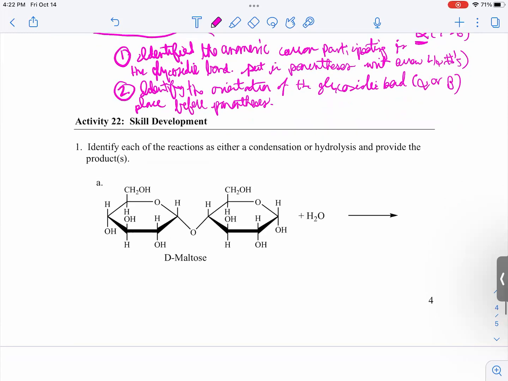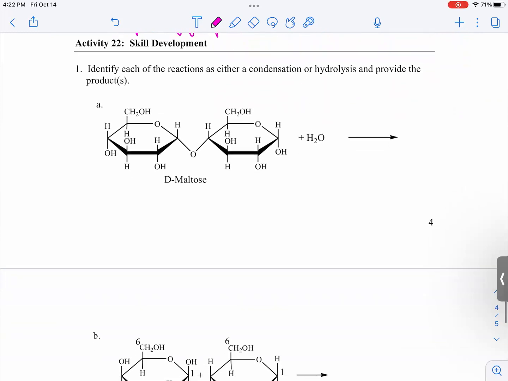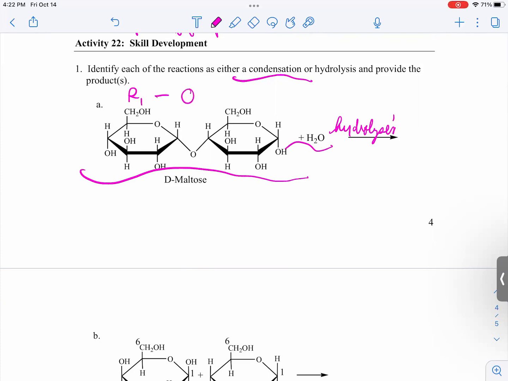So next, we are going to identify this reaction as condensation or hydrolysis and provide the products. Well, this is a disaccharide and we've got a water. So we're going to have hydrolysis here, right? We're going to break up this disaccharide. So this is going to be hydrolysis. Okay. So you can think of this as just R1 bound to oxygen bound to R2.